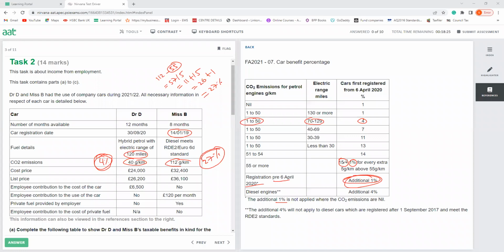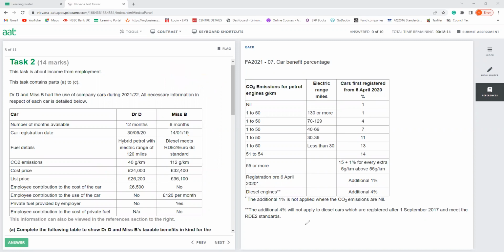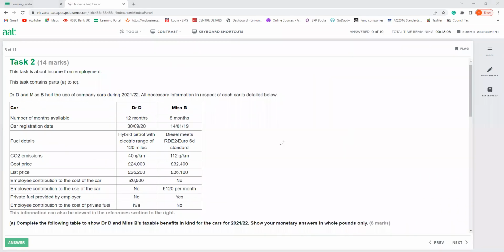So once we have the percentage calculation, now we can calculate our taxable benefit. So if we now try to find out how much is the taxable benefit for Dr. D and for Ms. B, first I need to look at the list price. That's the first thing we're going to look at. So look at the list price.